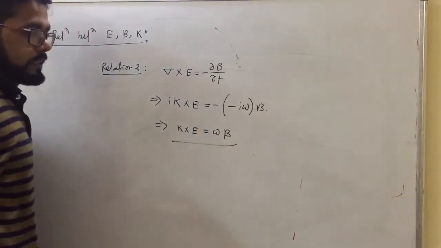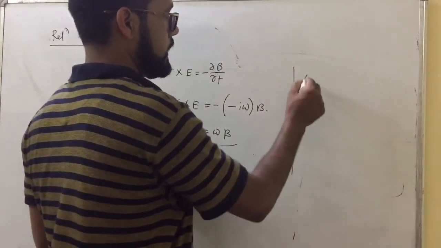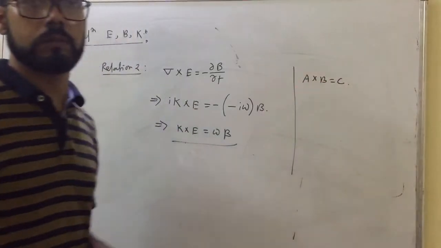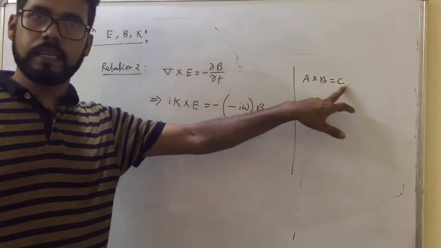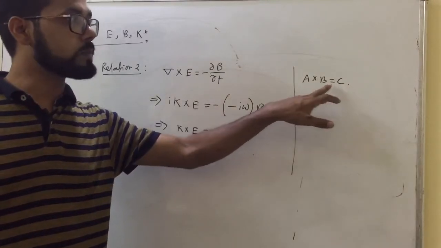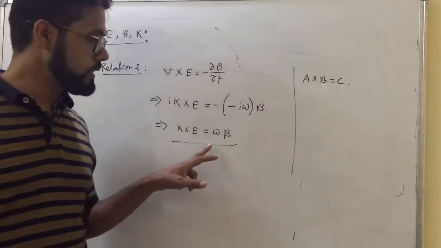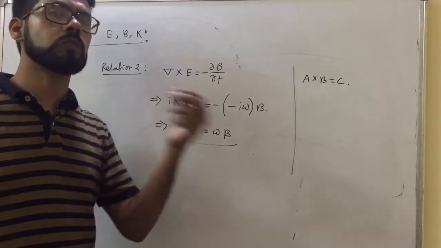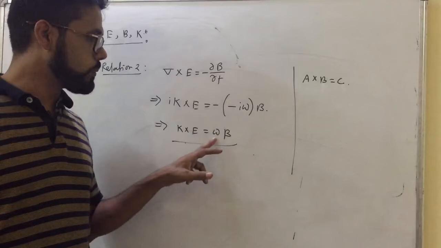This is a vector rule. Have you remembered the formula A cross B equals C? What is the meaning of this equation? A cross B equals C means C is an area vector, and this area vector is perpendicular to both B as well as A. Similarly, for a particular electromagnetic wave, the frequency is constant, omega is constant.